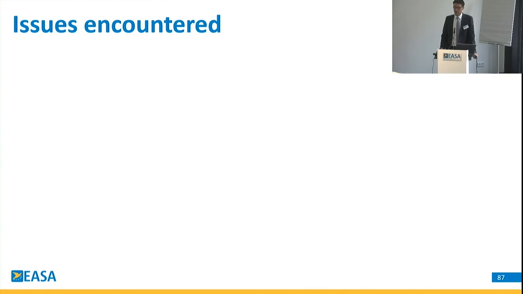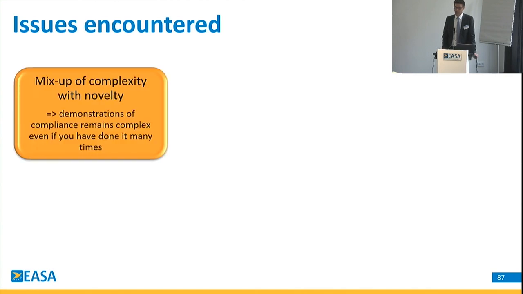Issues encountered. So what went wrong? I explained it before. We had a mix-up of complexity with novelty. Demonstration of compliance remains complex even if you have done it many times. This was actually one of the most often seen mistakes, that companies stated it's not complex because they were so well aware of the issue and the compliance demonstration activity, which is correct.